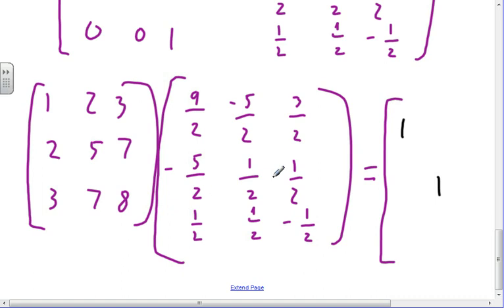I'm looking at this guy and that guy. 9, 7, minus 8. That doesn't look good, does it? 9, 7, minus 8. 9, 7, that's not 1.